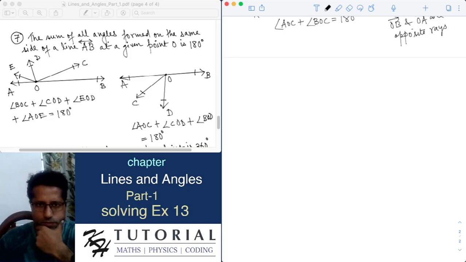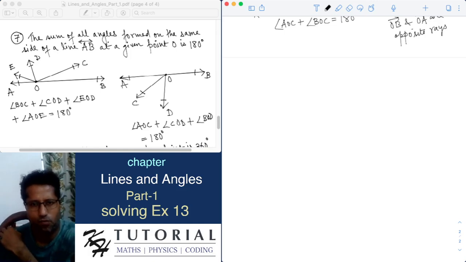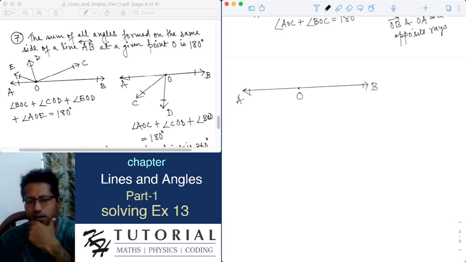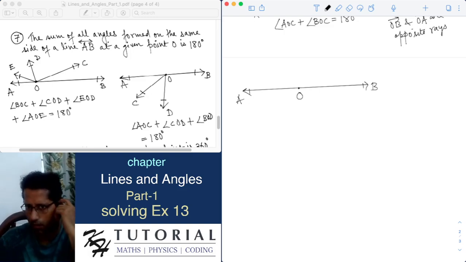Now, what does it mean to say an angle is formed on the same side of a line AB? Let's say this is the line AB, and let's say we have a point O on the line. So how do we make an angle? It says the sum of all angles formed on the same side of a line AB at a given point O is 180 degrees.